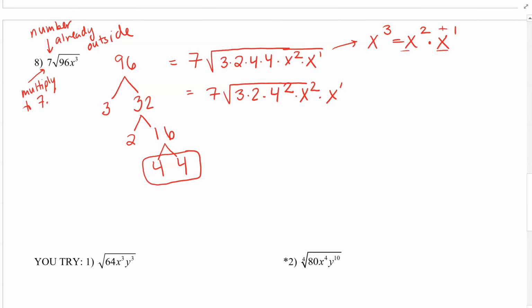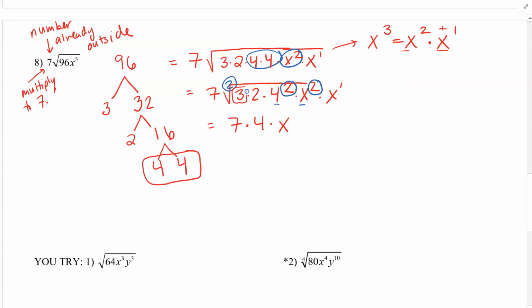So these index-sized groups right here, 4 squared and x squared, indicate my perfect pairs, my perfect square roots to match my index. So those perfect roots are going to come out of the radical sign and they are going to multiply to the 7 that was already there. So I'll have 7 times 4 times x on the outside of the square root.